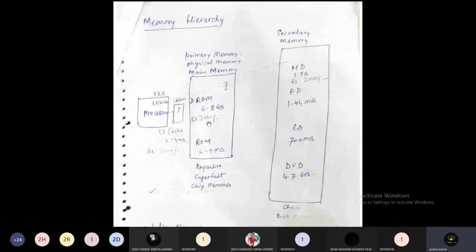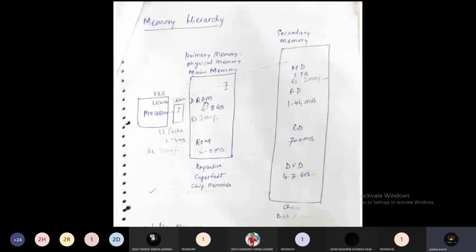So 4 GB is coming in 2000 rupees, while 1 TB, meaning 1024 GB, is also coming in 2000 rupees. Just at the back of your mind, think about these memories, about their sizes and also about their prices.